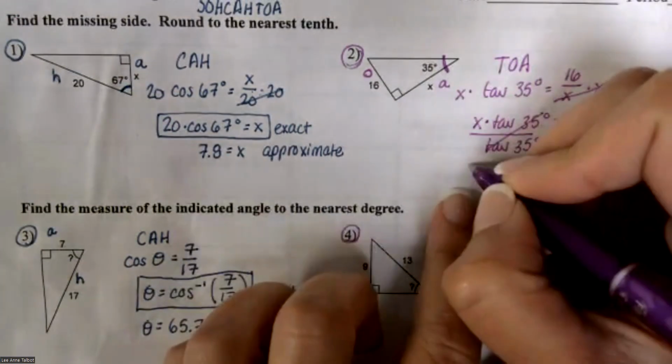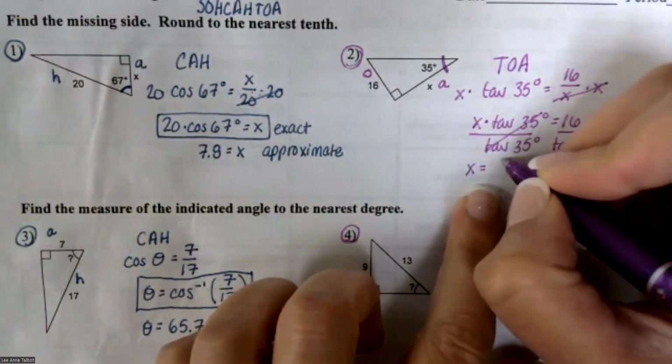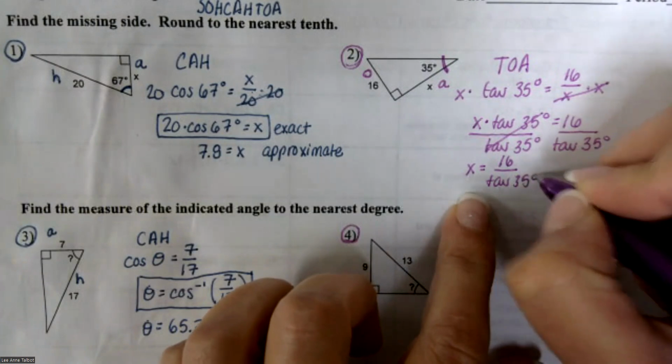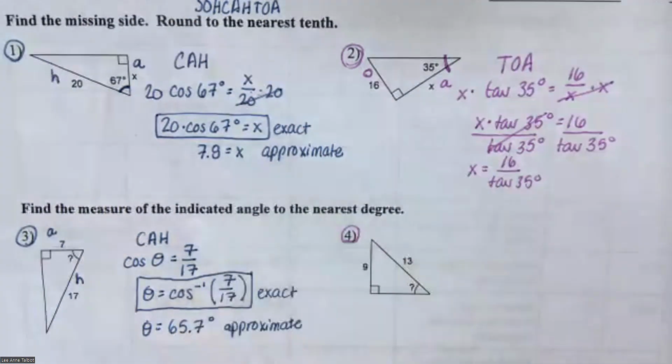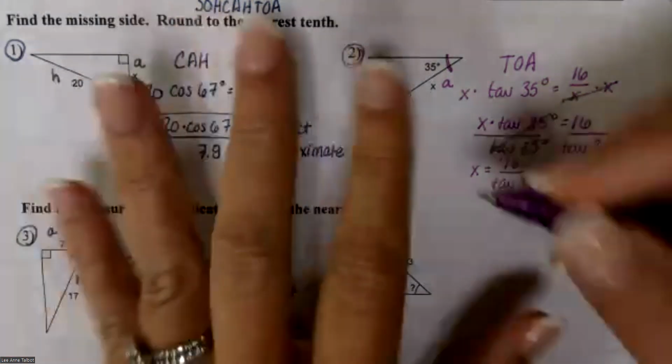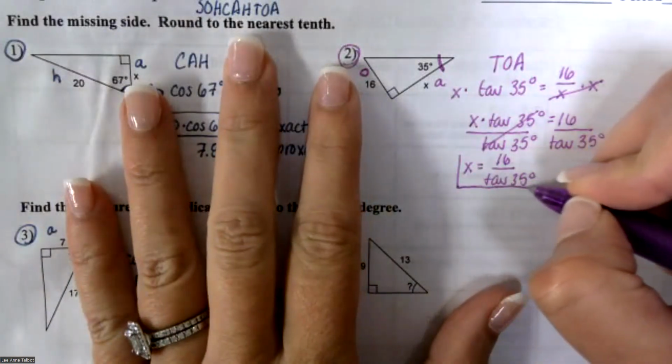I don't care how you get there, as long as on the quiz, your final answer is 16 divided by tan 35. If you write me x equals 16 divided by tan 35, that's full credit. I don't care how you got there. You can memorize that it's division. That's fine. I'm not going to penalize you for that.